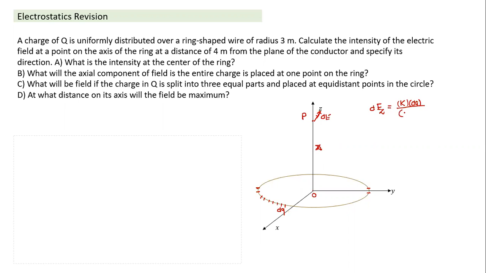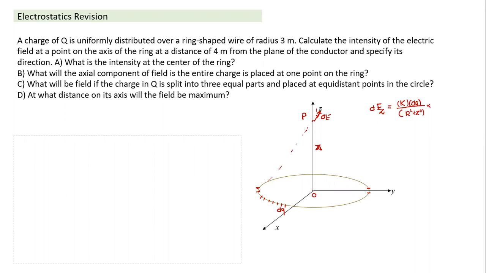In that case, the square of the distance will be equal to r square plus z square. And if I have to take its component, it is multiplied by cos theta. And what would cos theta be equal to? It will make an angle theta. If I look at this part, theta becomes a little easier to understand.